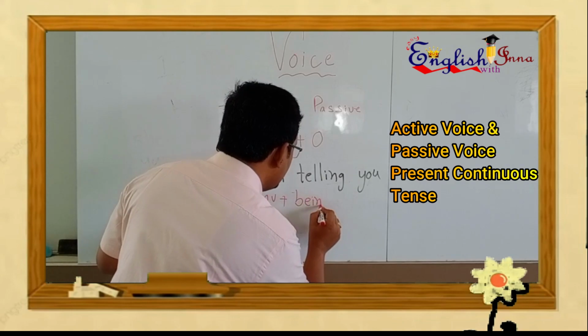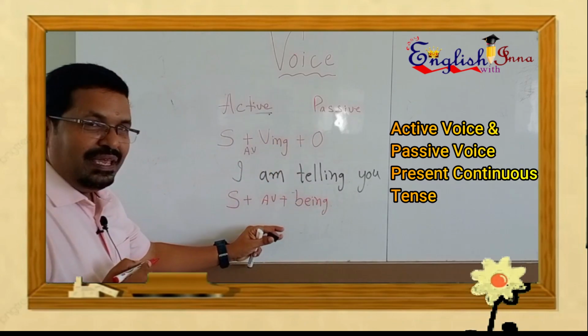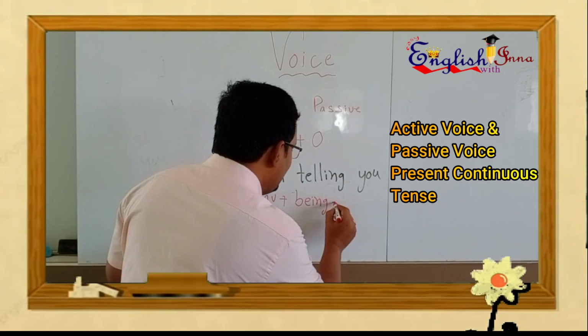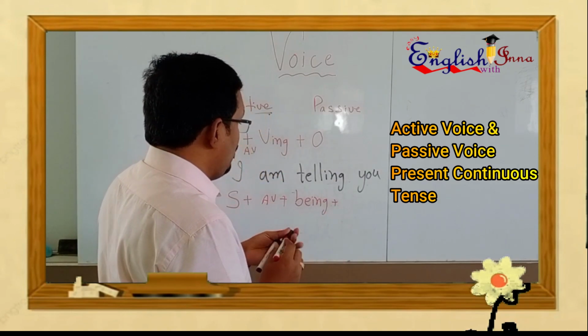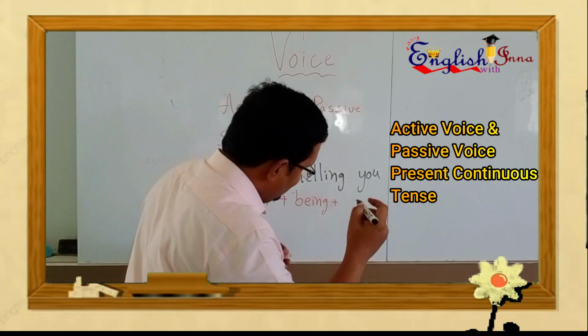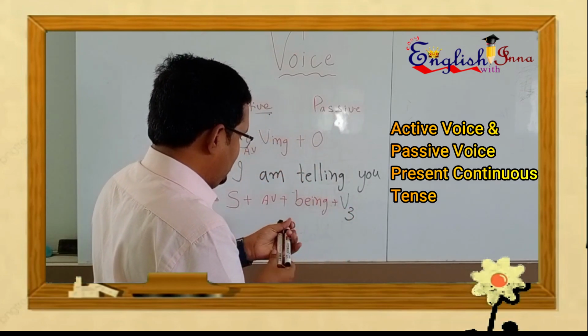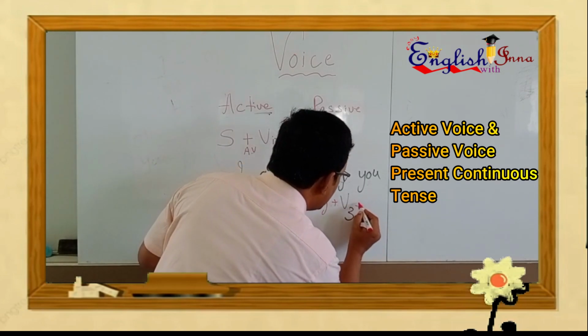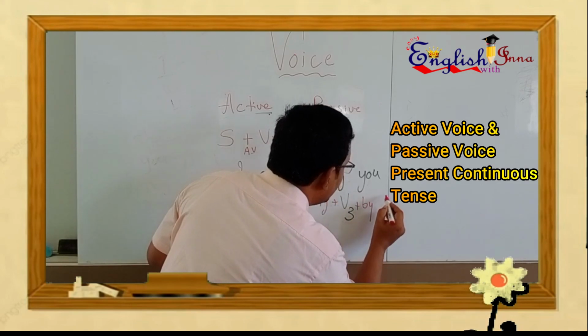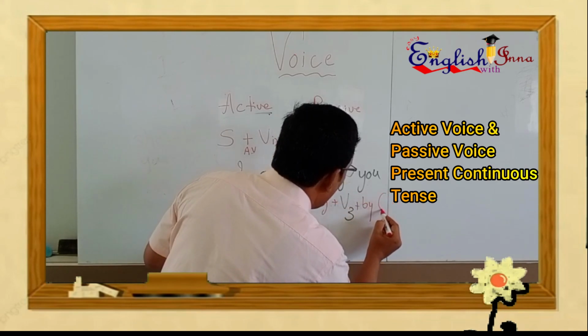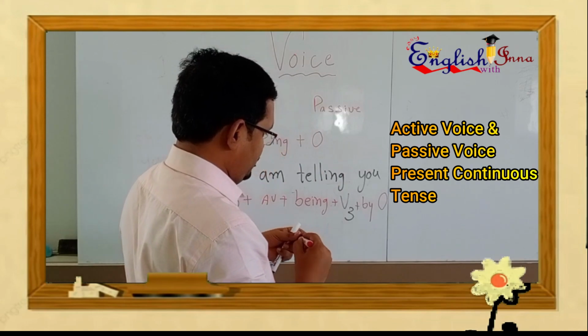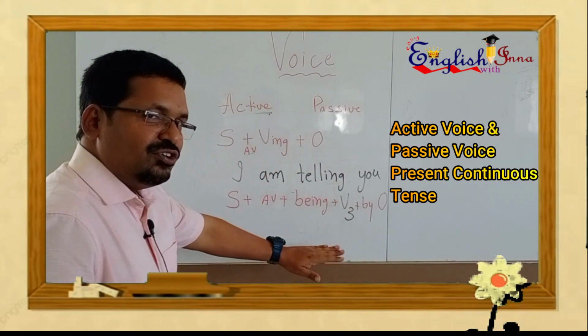Here we are going to use one more word called being. Then we use V3, then again we use by and the object.